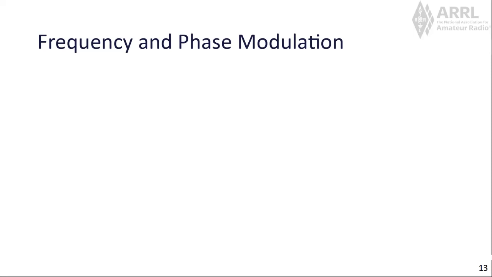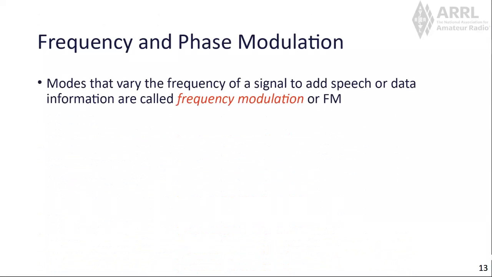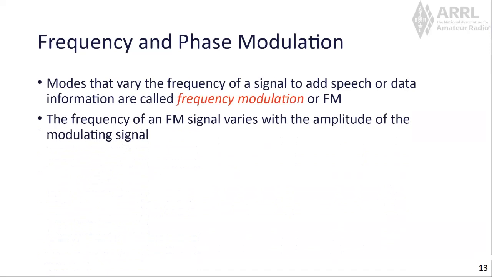Okay, frequency and phase modulation. That's your third way. Modes that vary the frequency of the signal to add speech or data information are called frequency modulation or FM. The frequency of an FM signal varies with the amplitude of the modulating signal.